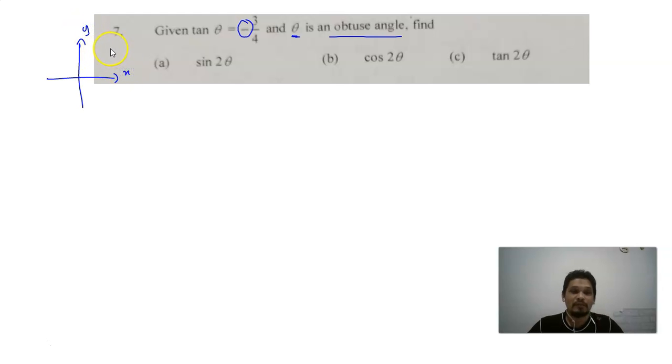Tangent is positive in the first and the third quadrant, meaning for tangent theta negative, it lies in the second and fourth quadrant. But given that theta is an obtuse angle, it lies between 90 and 180 degrees.